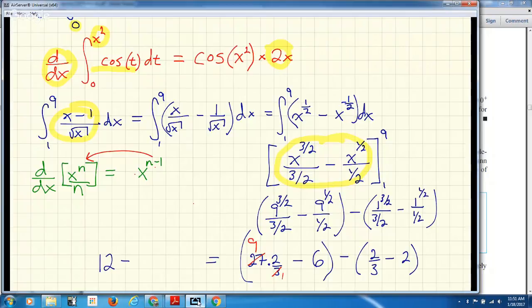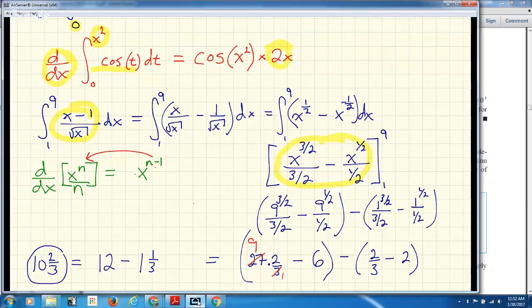That would be 1 1/3. And if we take 1 1/3 away from 12, let's see, that should be 10 and 2/3. And so that should be the answer there. So let's hope we're right.